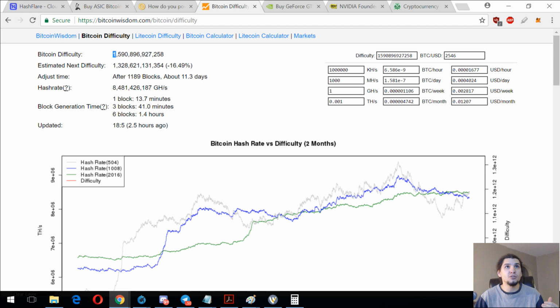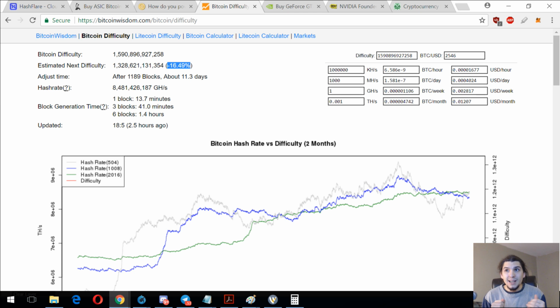The current difficulty is 1.5 trillion, and it's expected to go down to 1.3 trillion, or approximately 16.49%. Automatically, that means blocks start getting mined 16% faster.